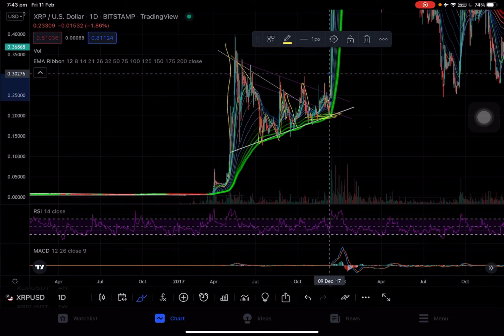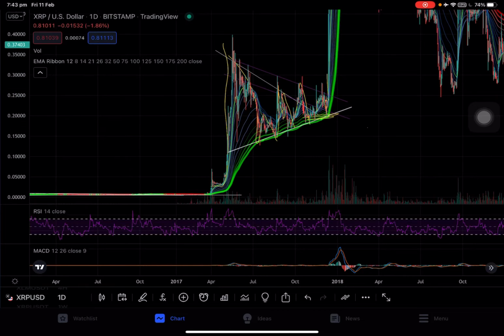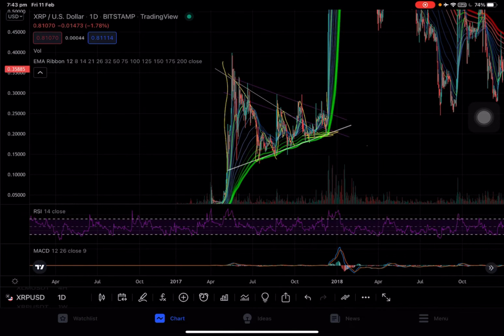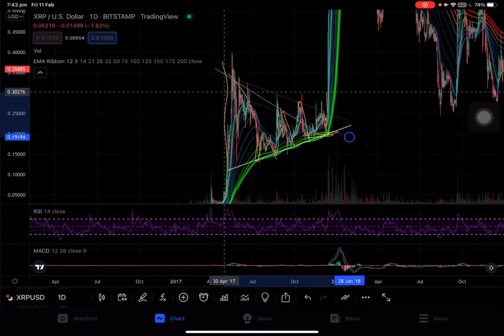It all fell within these asymmetrical triangles, within that zone. I've drawn out the triangles there. You can see not quite to the tips of all the wicks, but taking an average of the wicks, and then I've got multiple lines there just to show you what the different trend lines are.